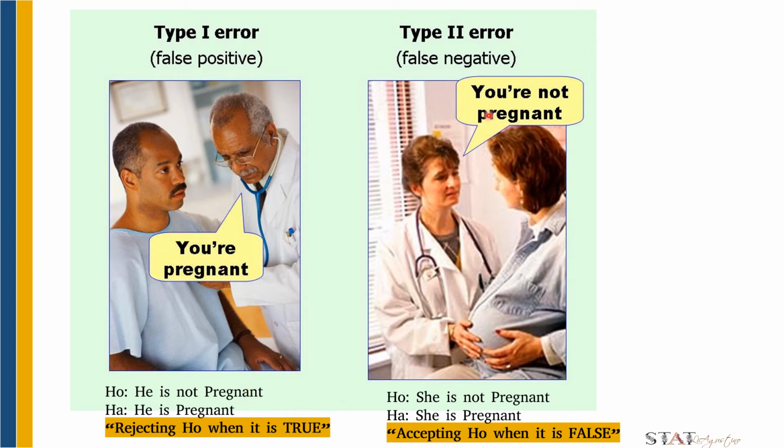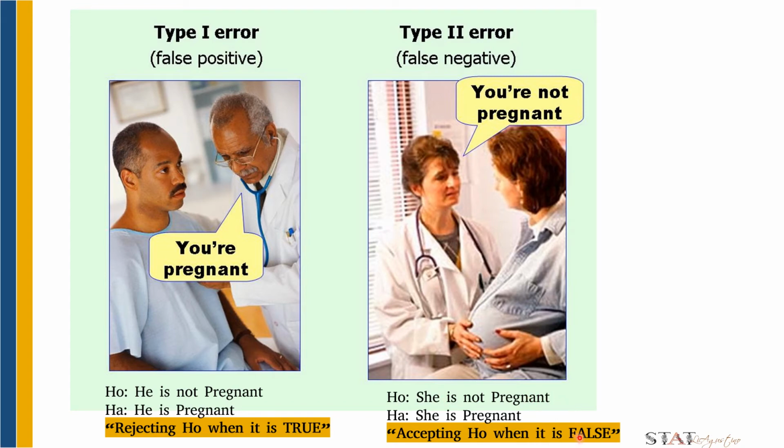And also, for type 2 error or false negative, you've declared that you are not pregnant. So your null hypothesis is she is not pregnant, and your alternative is she is pregnant. What you did is you accept H0, she is not pregnant, when actually it is false.